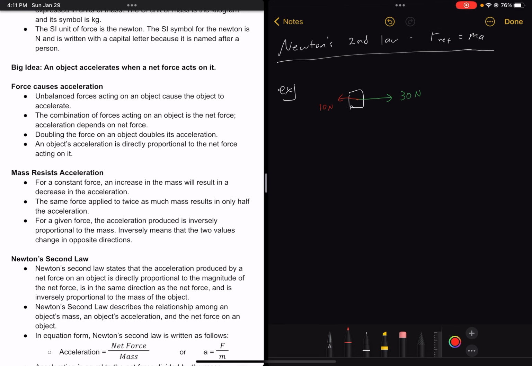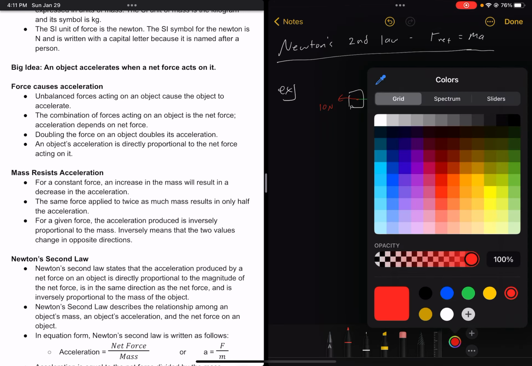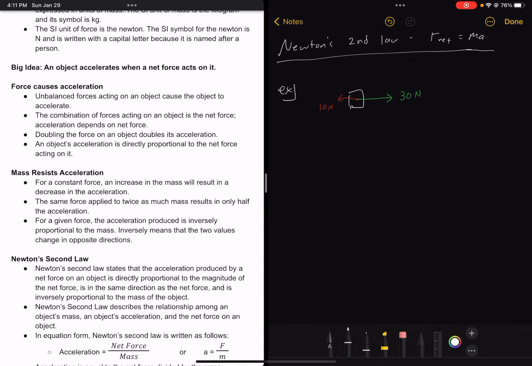And let's say the box has a mass of 5 kilograms. So using these equations, how do I find the acceleration of the box?